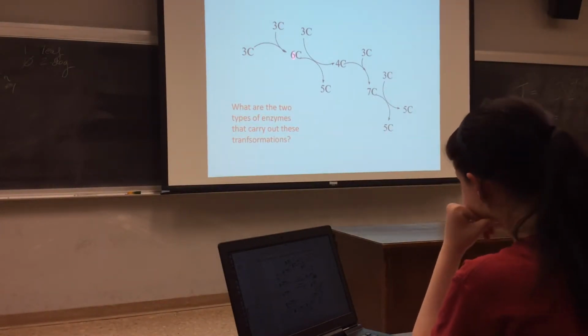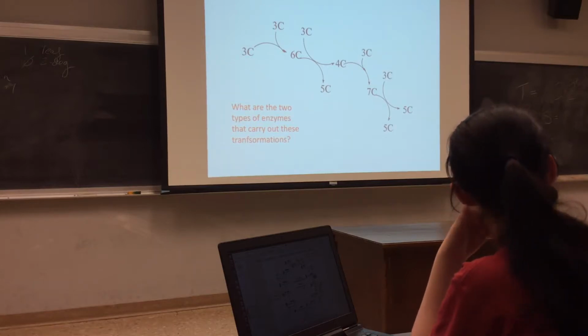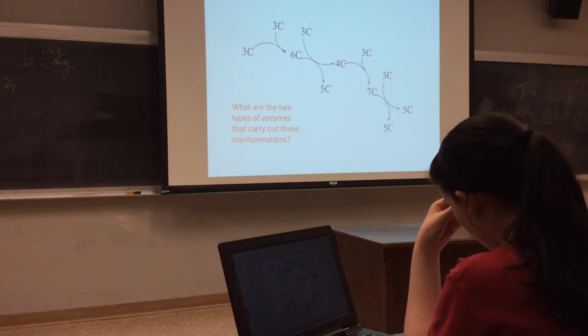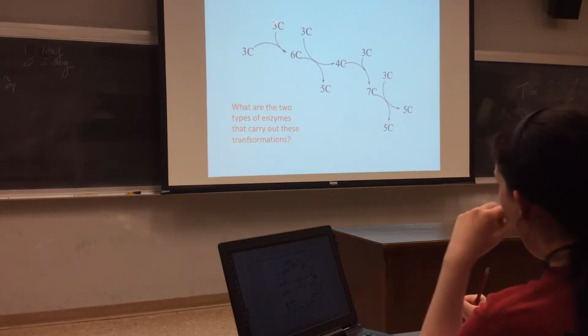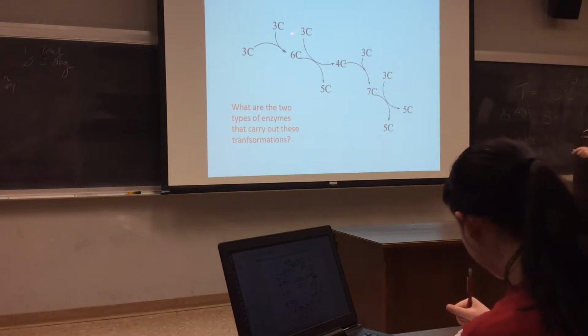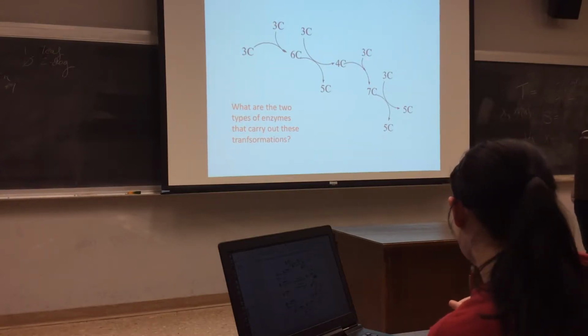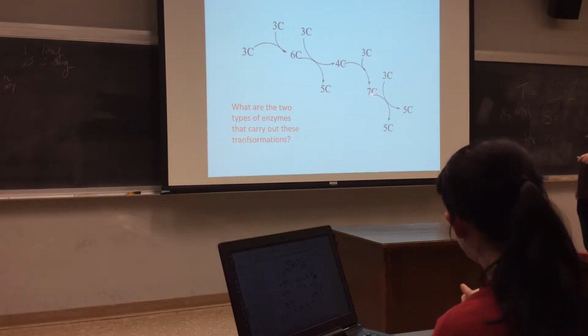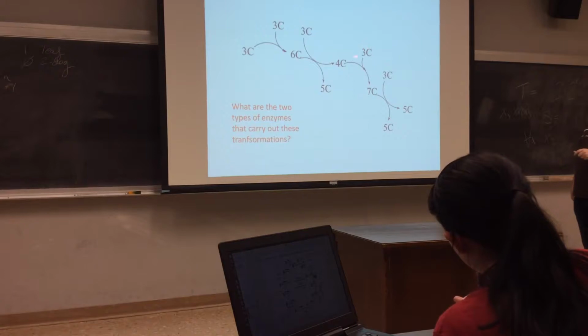Well, clearly, the mechanism of the aldolase is open for questions. But the nice thing about that is, it's all the same mechanism. We have the addition of 3 carbon to 3 carbon, or the addition of 3 carbon to 6 carbon, or the addition of 3 carbon to 4 carbon.